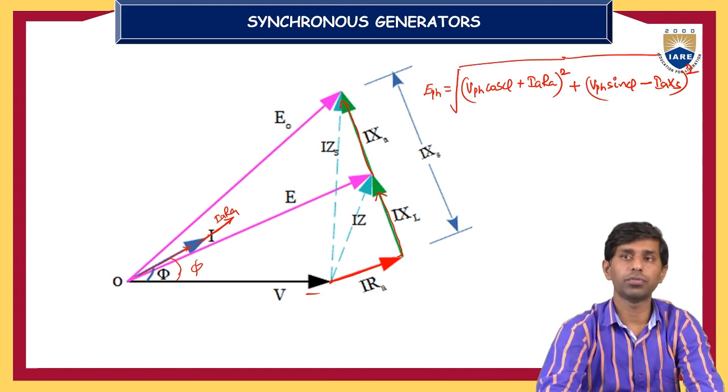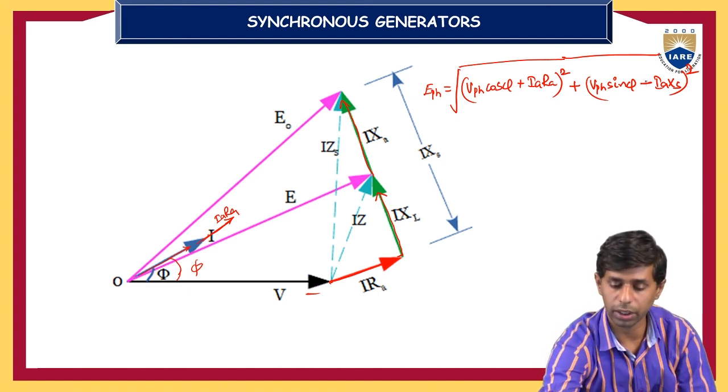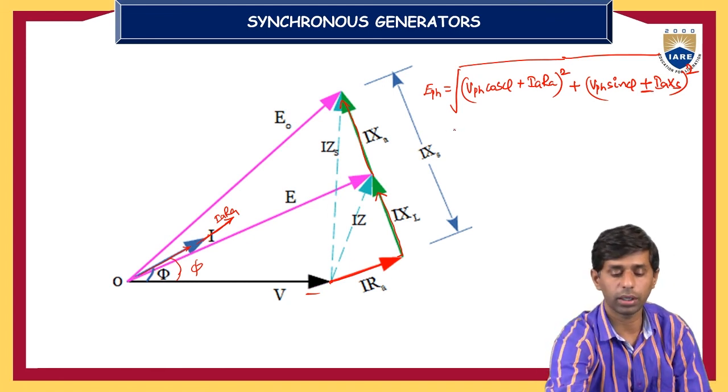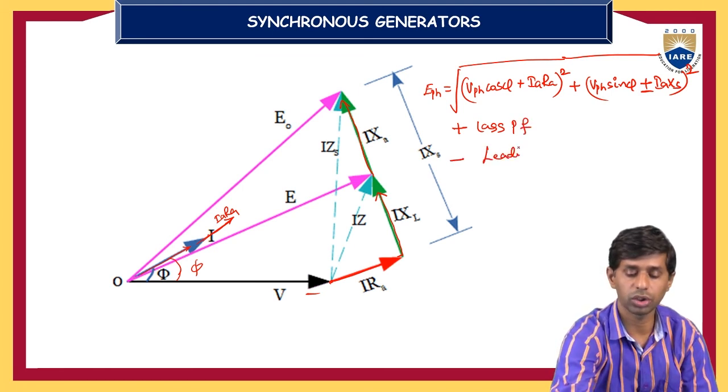So this is the expression for induced EMF of the alternator under leading power factor condition. So you can take it as plus or minus: plus sign for lagging power factor loads, and minus sign for leading power factor loading conditions.